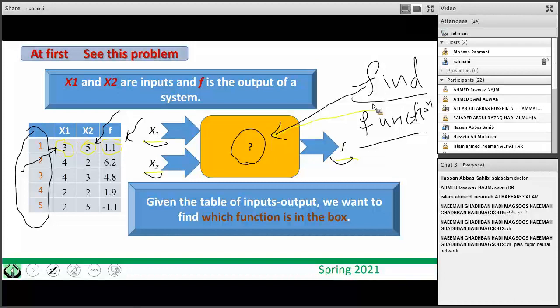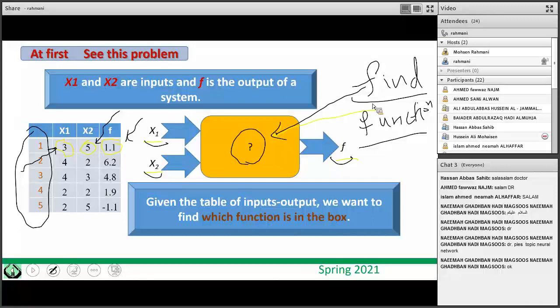Yes, the topic is related to neural network. Okay, because I see that you have some problems with neural network and you asked me about neural network, so I want to make it easier.